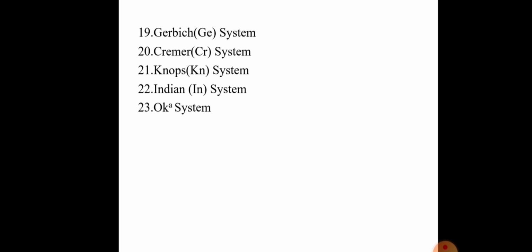So there are around 23 different types of blood group. You don't need to remember all of them, but you should know 10 to 15 blood group systems other than ABO grouping.